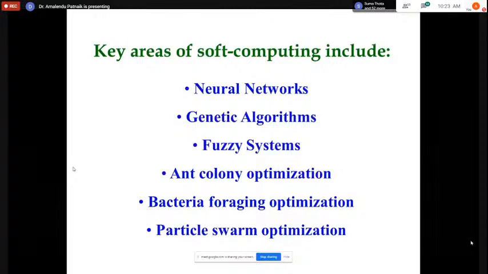You'll find a lot of applications of neural networks in antenna engineering. And as far as other optimization techniques are concerned, you can find applications of genetic algorithm, fuzzy systems, ant colony optimization, bacteria foraging optimization, particle swarm optimization. Those things have been used in the antenna literature.